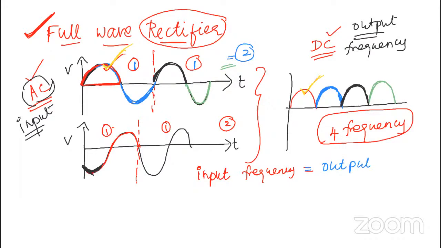The output frequency here was 2 and it is converted into 4. So 2/4, right? So what will be the value? It is by 2. So the formula is by 2. Here it is 2/4.